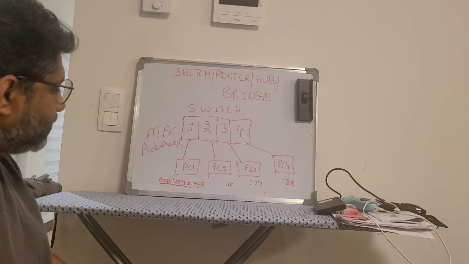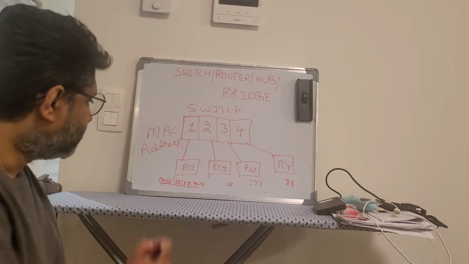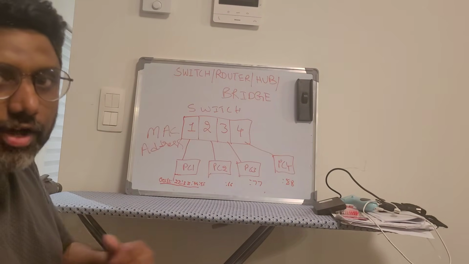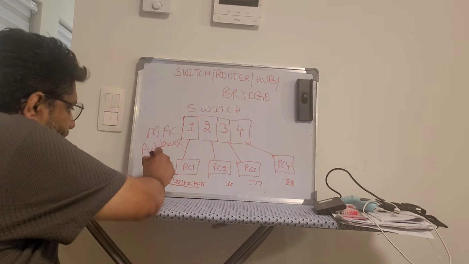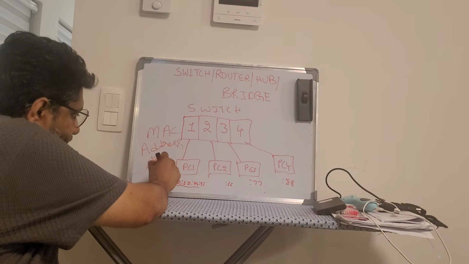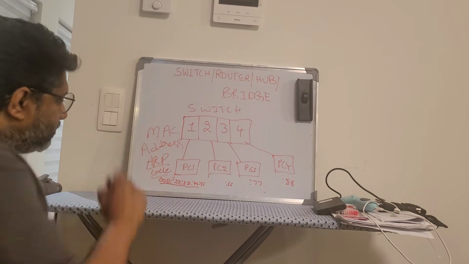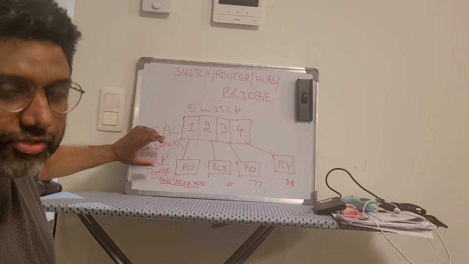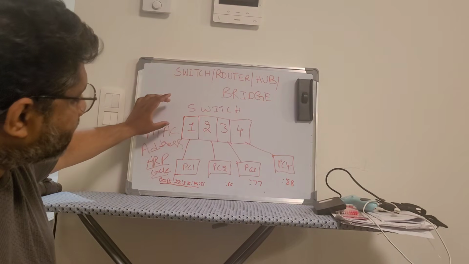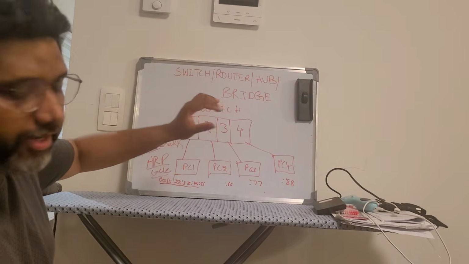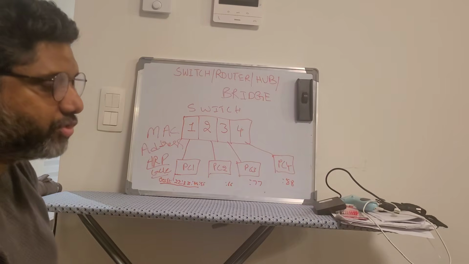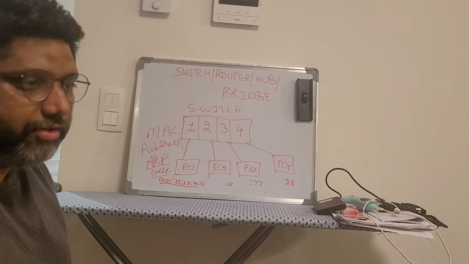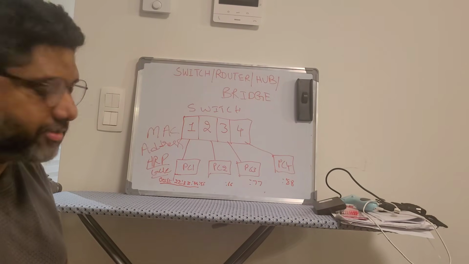When we want to send a packet, as I discussed, PC1 will have one ARP cache. The ARP cache will store information about an IP address mapped to a MAC address, right? As I told you, switches are usually in the last hop, and routers are in the intermediate hops, which route the packet depending upon the IP address.